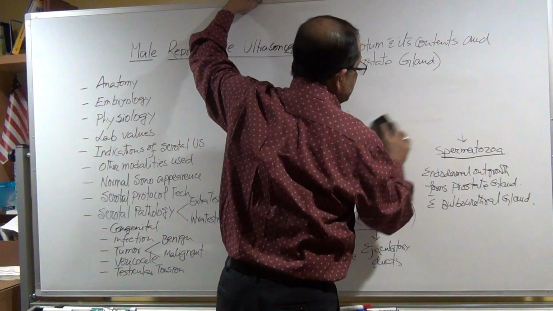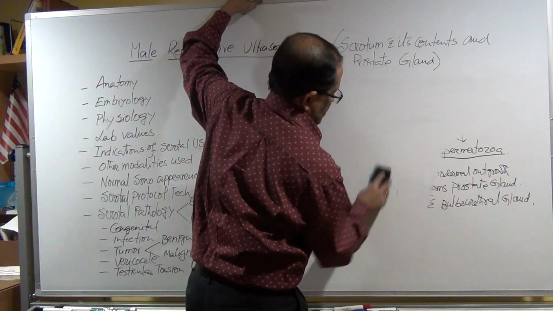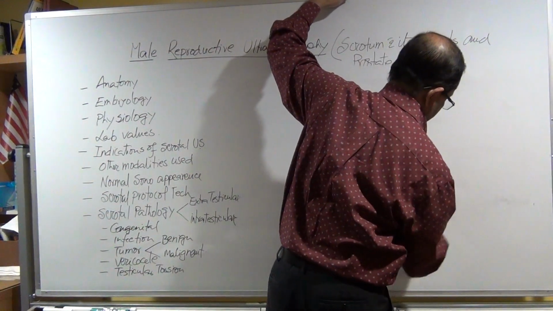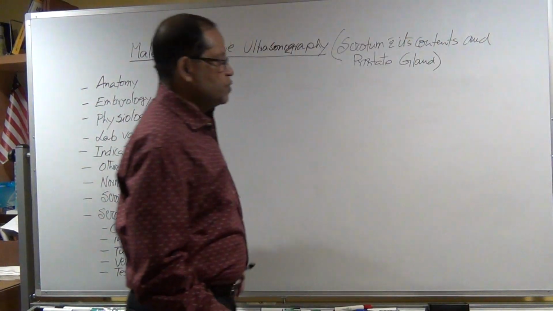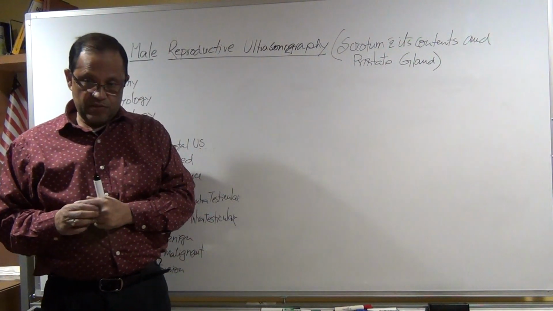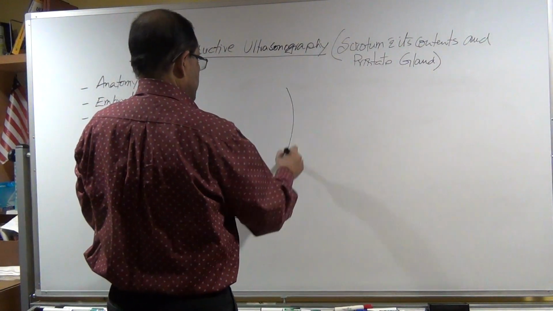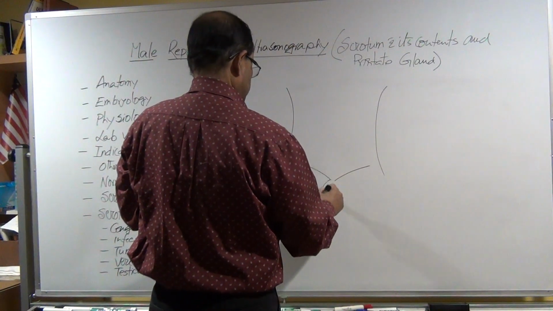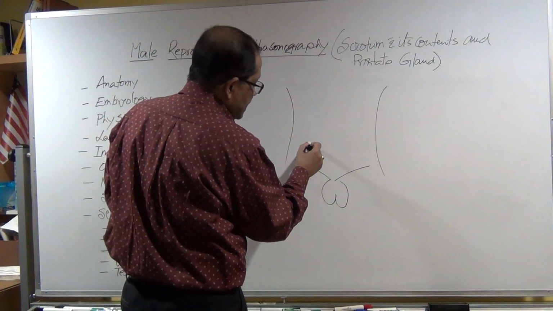Okay, so now if the testis did not descend into the scrotum, then what happened? The testis will be in the pelvic cavity, right? We call it undescended testicles. So normally there is an inguinal canal.